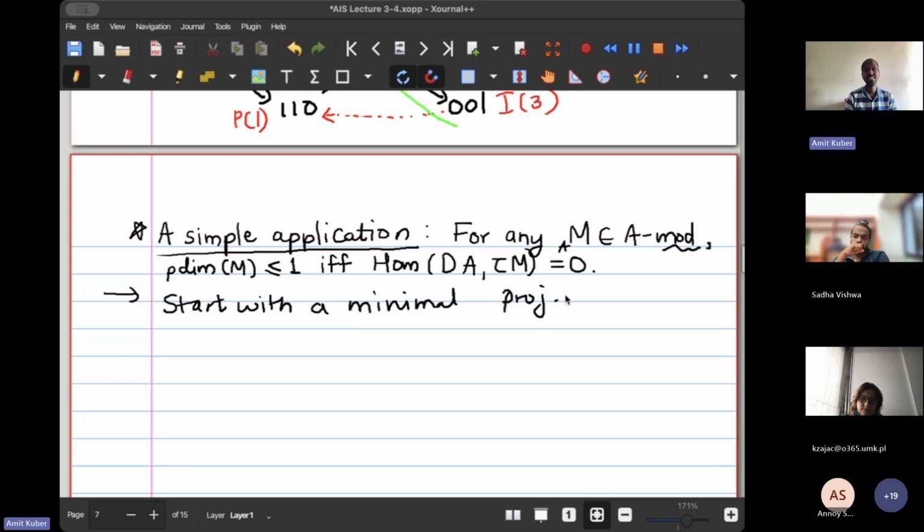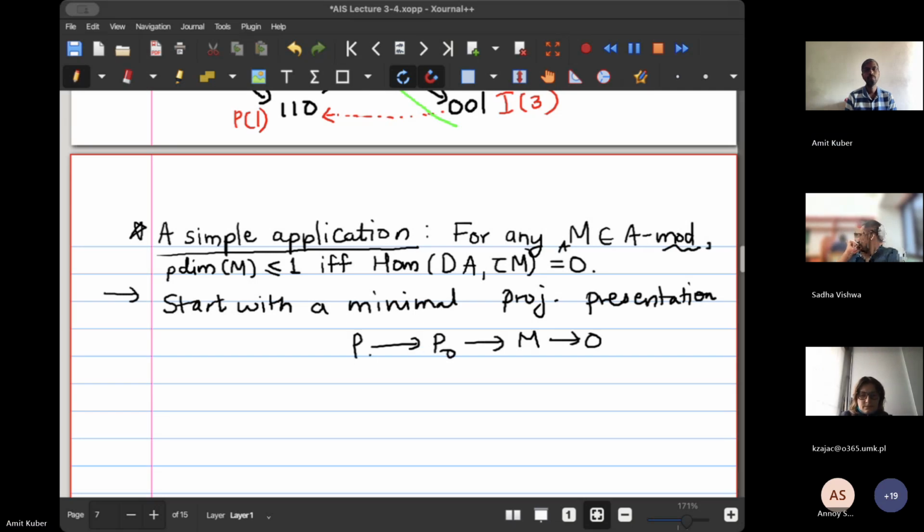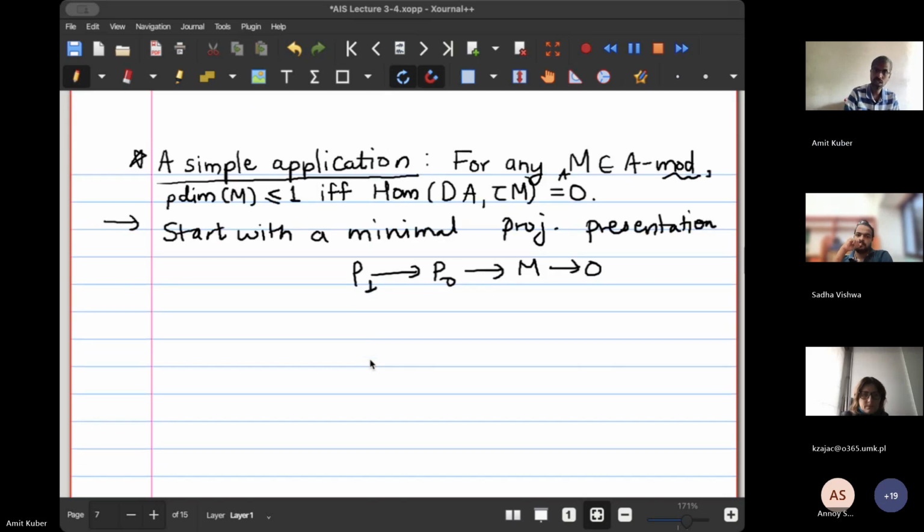Minimal projective presentation, not resolution. So 0 to M, then P0, P1. Then apply nu. Let me call them F1 and F0. So apply nu.